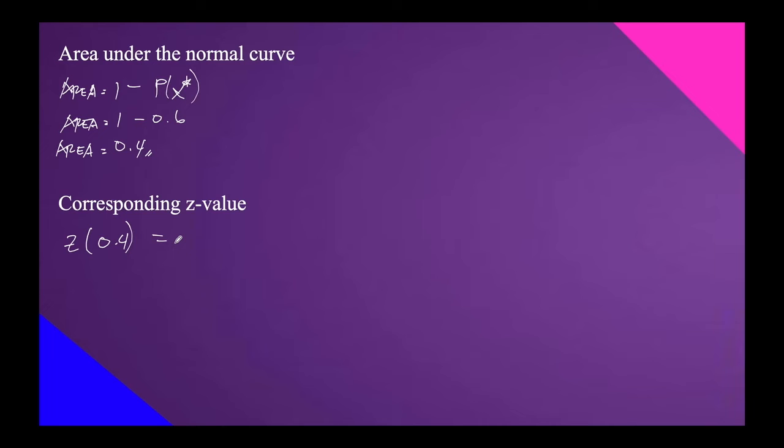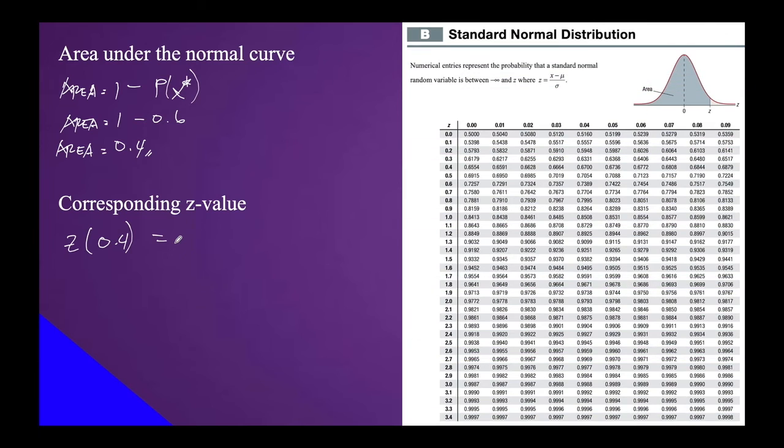And I hope mayroon kayong copy ng distribution table, no? So, ito, standard normal distribution. Let's find for the 0.4. As you can see, guys, dito sa pinaka-corner, we have 0.5. Tapos dito, papunta doon, we have 0.9998, almost 1.